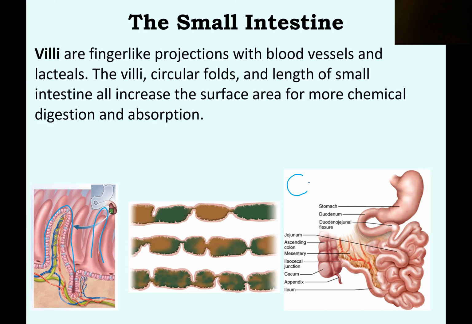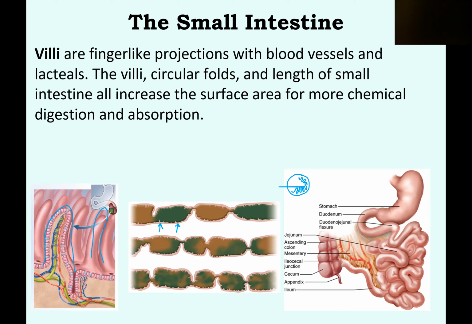You have a lumen, and so with these villi, it increases the surface area without taking up a whole lot of extra space. You also have circular folds. That's these indentations. You can see several of them.